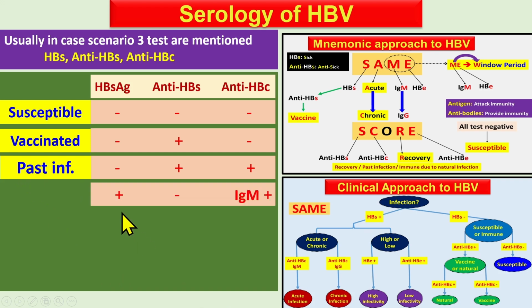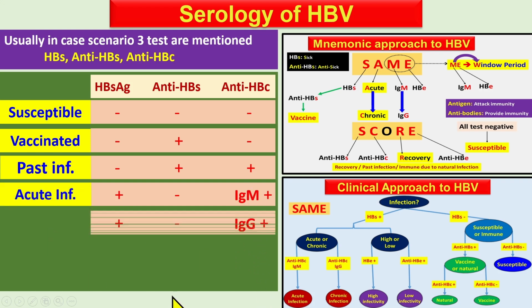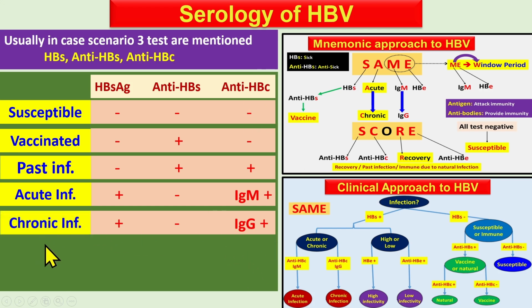Okay. So if HBS is positive, it means the patient is infected. Which infection? IgM. IgM means what? Acute infection, of course. Here, HBS is positive, but the anti-HBC is IgG, so the case will be chronic infection.